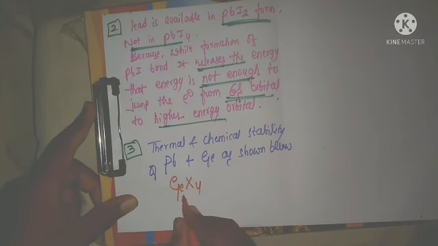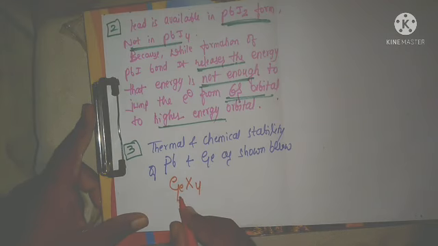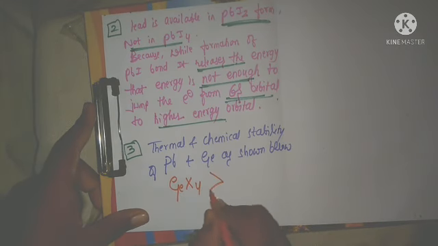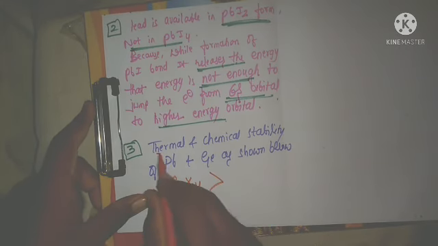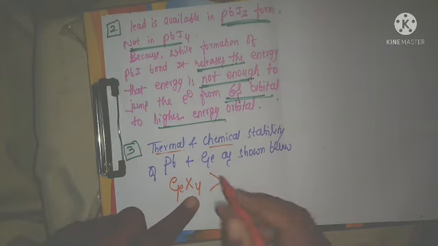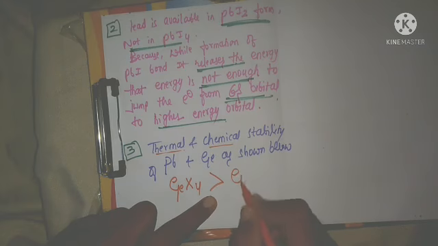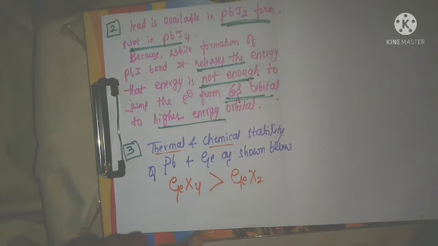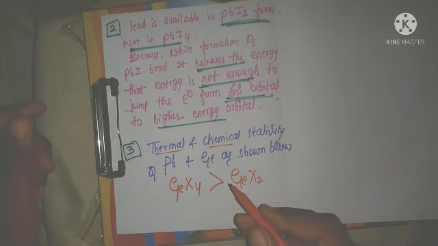Germanium, when present in the tetrahalide form, is more stable, both thermally and chemically. This means germanium tetrahalide compounds are more stable than germanium dihalide compounds. When germanium is in the +4 oxidation state, it is more stable thermally and chemically than in the +2 oxidation state.